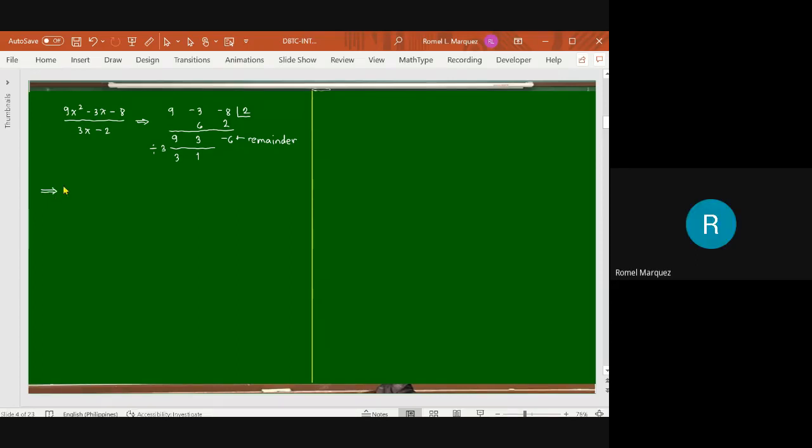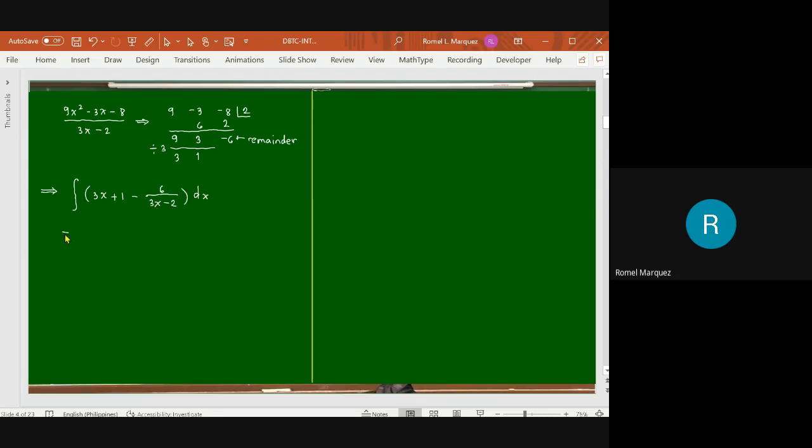So we now have the integral of, what's the result? 3, and the degree is 1, so 3x plus 1, then plus negative 6 over 3x minus 2, quantity dx.